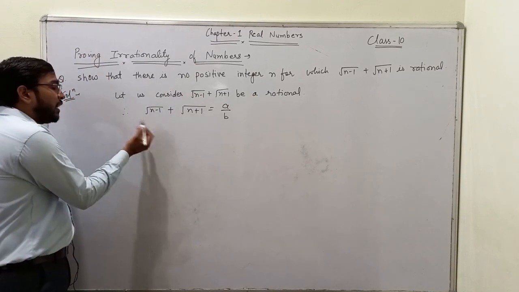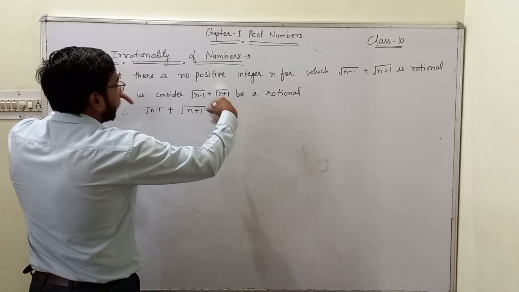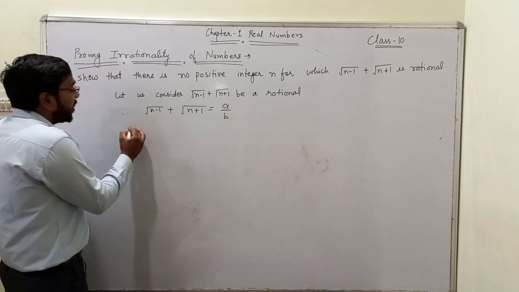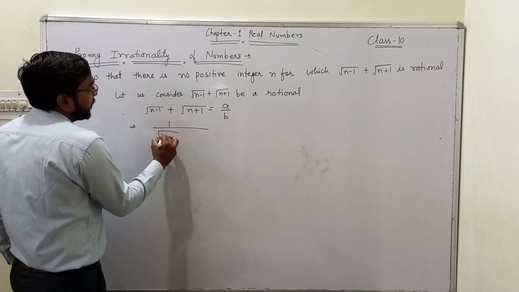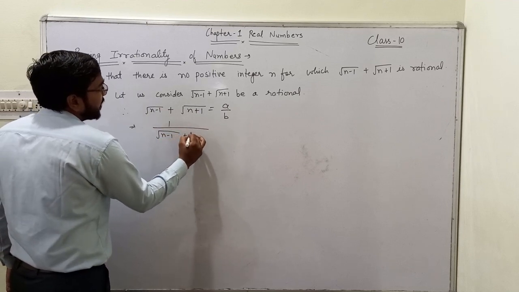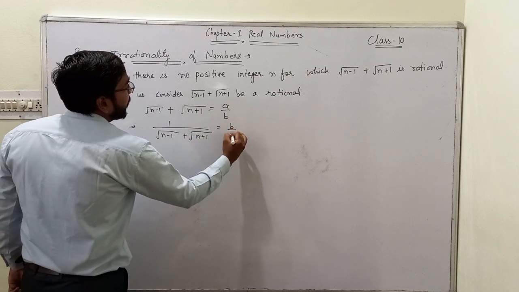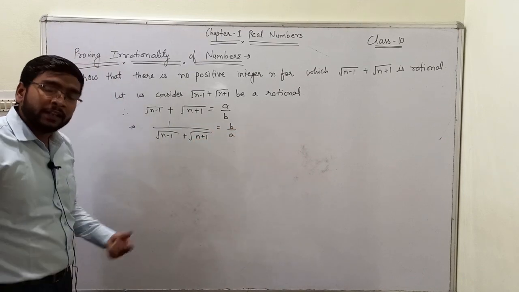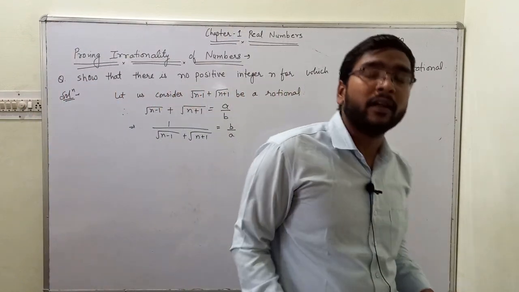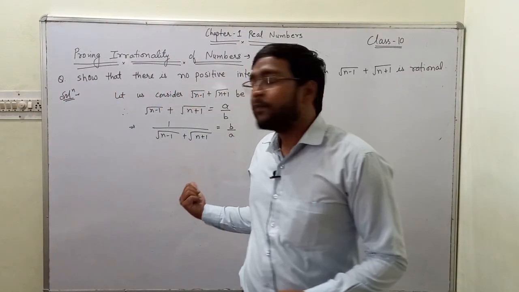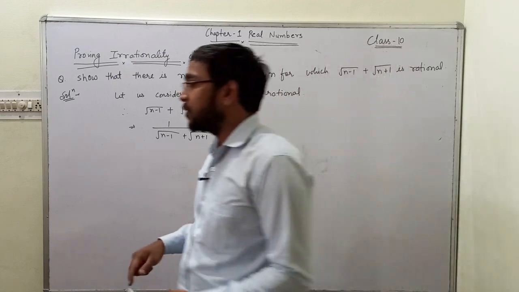Okay, if I reciprocate both the sides, we will get 1 upon root n minus 1 plus root n plus 1 equals b upon a. Okay, now you should know how to rationalize the denominator of any number, because you studied it in your class 9th number system.